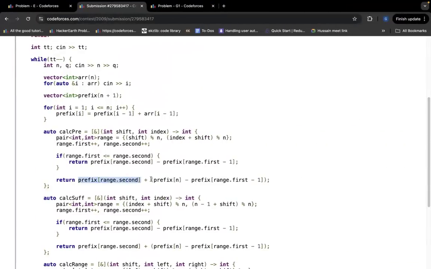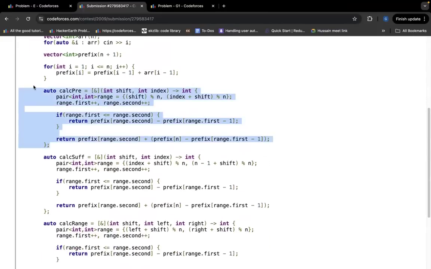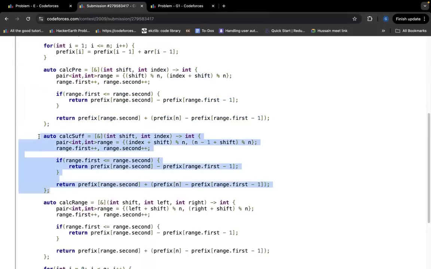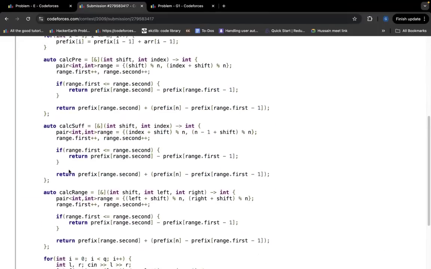Sum from 0 to R and sum from L to N minus 1, or L minus 1 to N, depending upon which base index. Now, if you can do this for a prefix, you can similarly do this for a suffix. All right. I think all of this is not required actually. If I only had this function, which given a left, right, and shift, calculates this, I think only this function is sufficient.